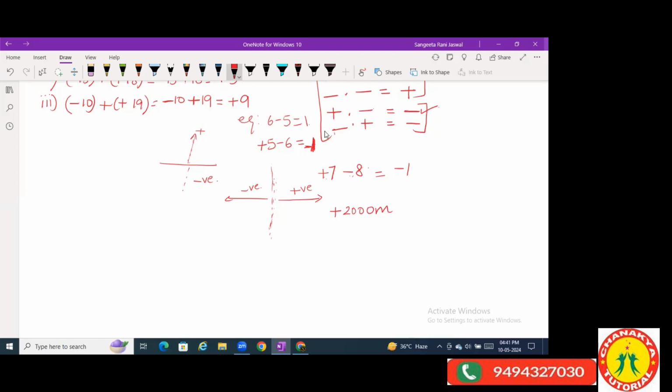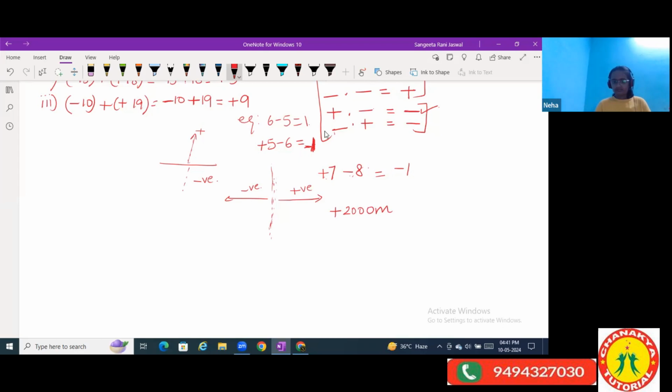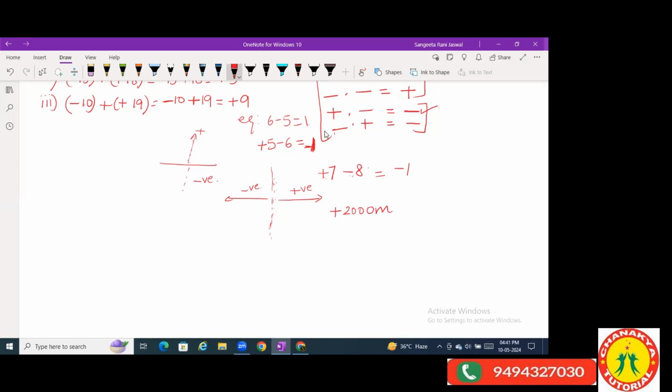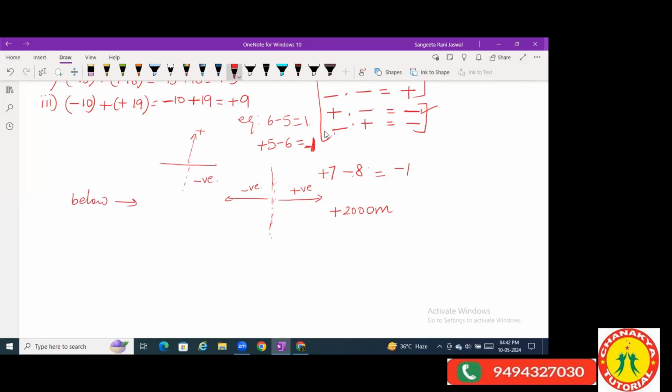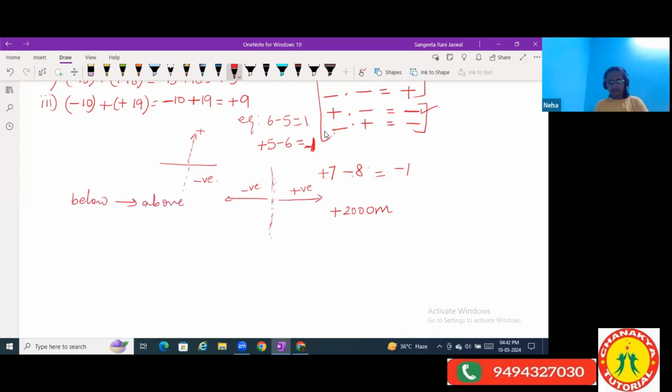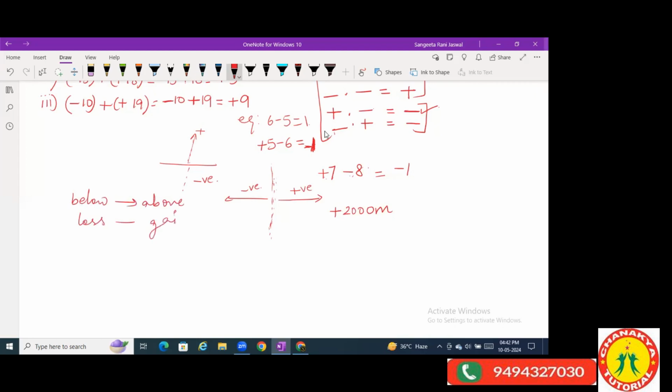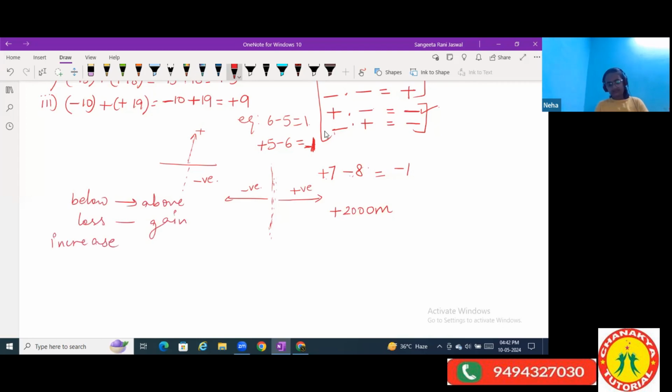You know, in our everyday situations, above and below, loss, gain, increase, decrease, these are some numbers which are opposite of each other. Below and above are opposites of each other. Loss and gain, increase and decrease.